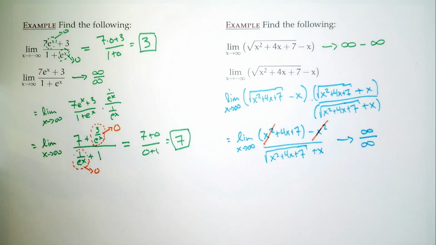Well, still more work. And you might think, this feels like we haven't made progress. But we have. Because with infinity minus infinity, there's not much for us to do. But infinity over infinity, we have this idea. Pump the brakes. Slow it down. Let's look at the numerator. There's two terms.